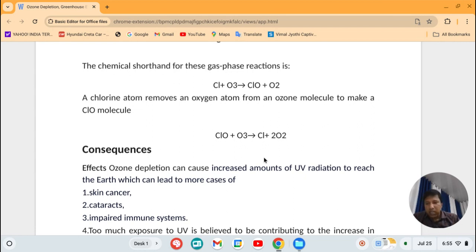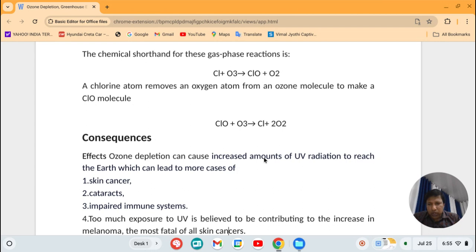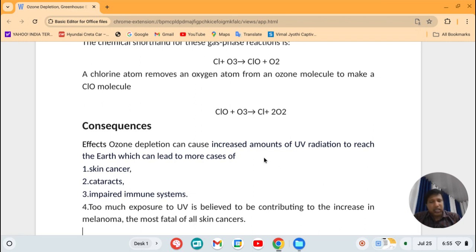That is another consequence. Then impaired immune systems. Also, too much exposure to UV is believed to contribute to an increase in melanoma, a type of skin disease. So these are the consequences of ozone depletion.